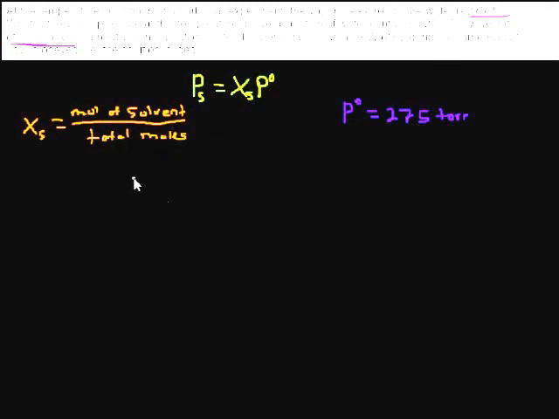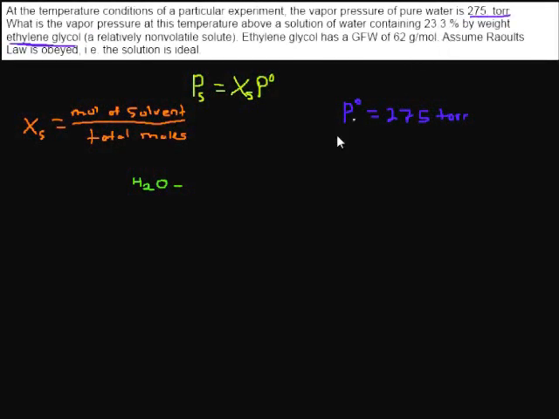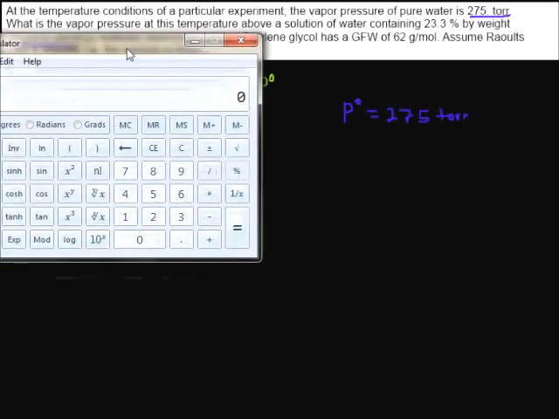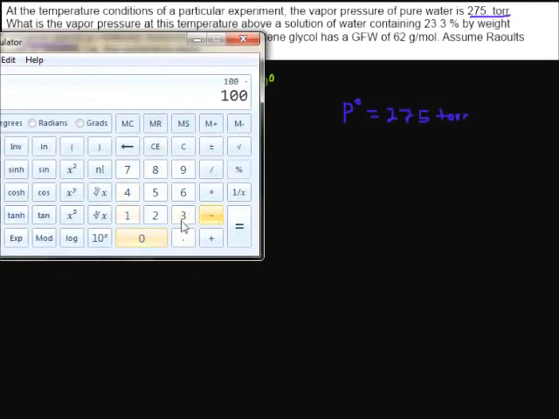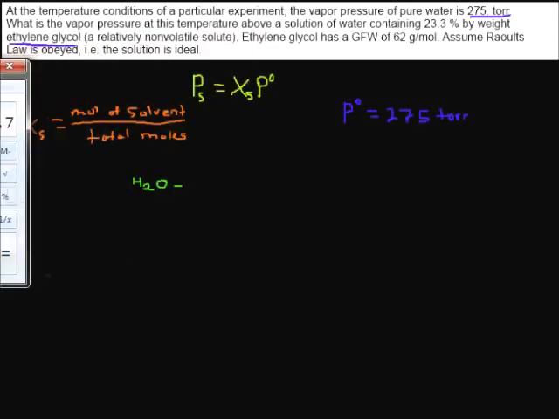So we know that for H2O, we have a total of 100. 23.3 is this. So 100 minus 23.3 is equal to that.